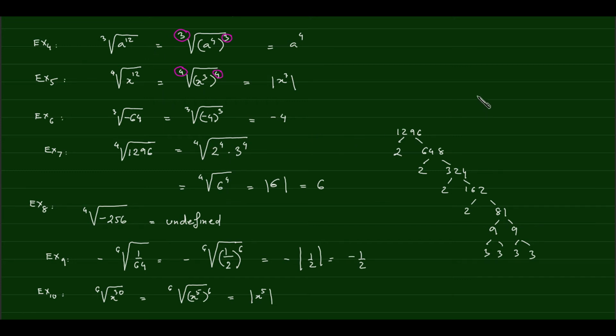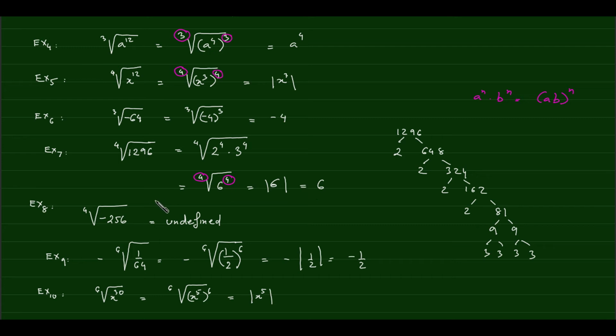The formula is if I have a to the n times b to the n, that gives you a times b to the n. Okay, that formula over here. So this gives you 2 times 3 raised to the 4. And you see the exponent here and the index over here are even. So this gives you the absolute value of 6, which is 6. Okay.